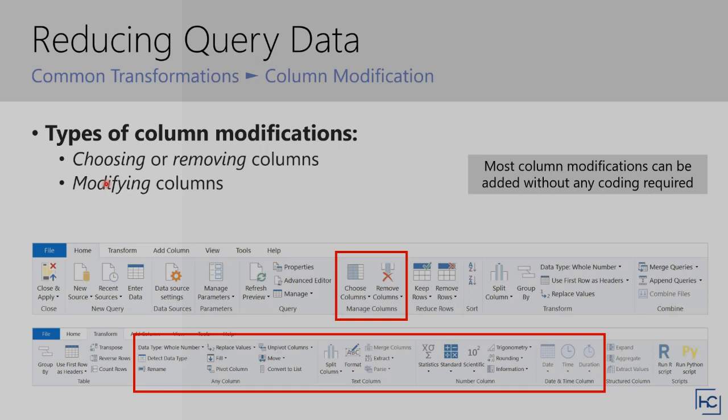And on top of being able to simply remove or choose which columns you want to import, there are many, many different ways to transform the columns as well. This can come into the idea of splitting a column up as needed. There are certain performance considerations to choosing the data types and potentially changing the data type from text to numbers if you are able to modify the data within a column as well.